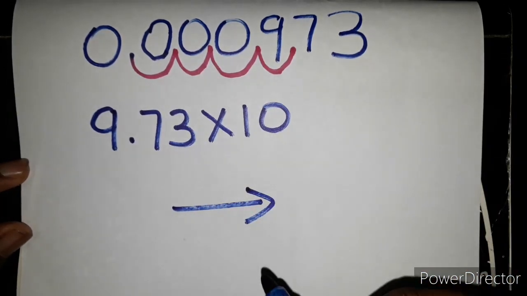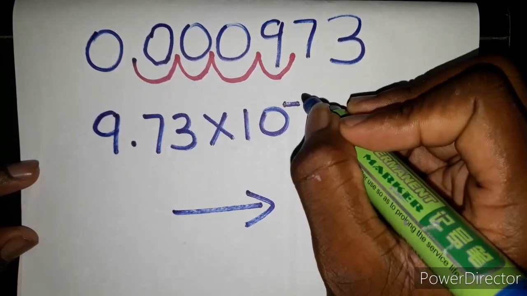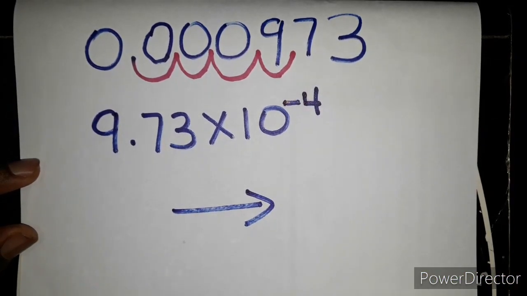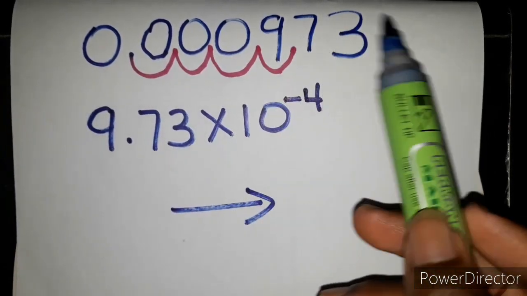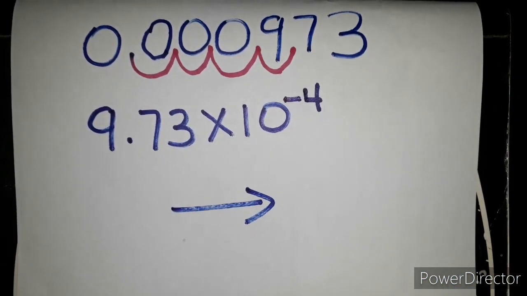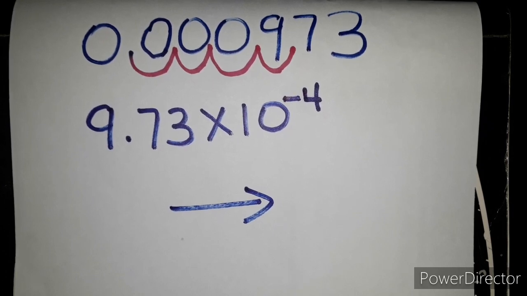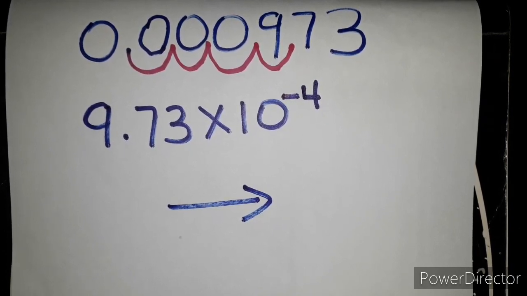So the number that we raise the 10 to must be the -4 power because we went in the opposite direction. Or as I said earlier, 0.00973, that number is less than 1. So that means the power has to be a negative number. Alright, so try out these few and tell me if you got it correct, and comment your answer in the comments.